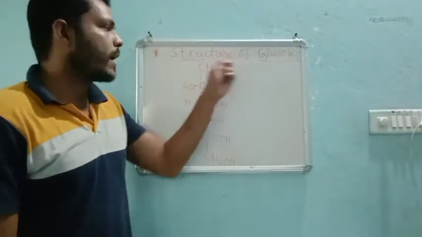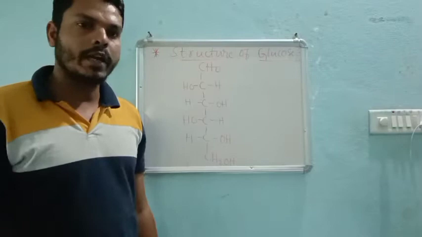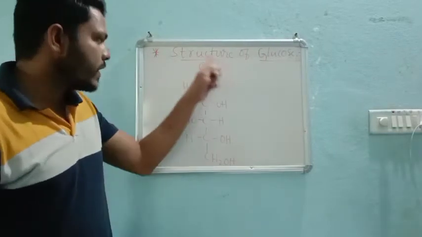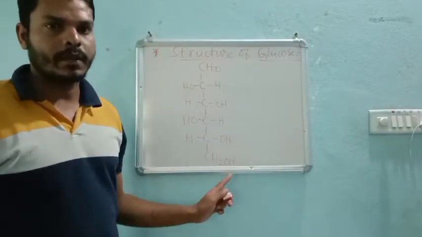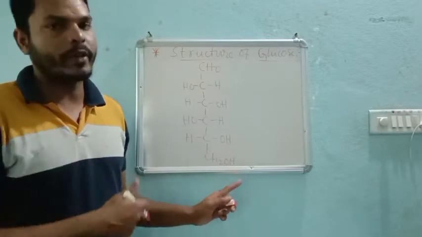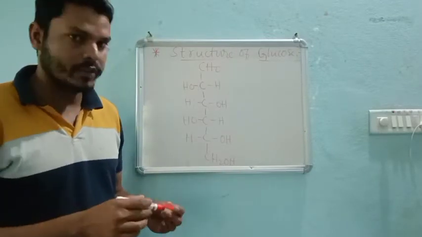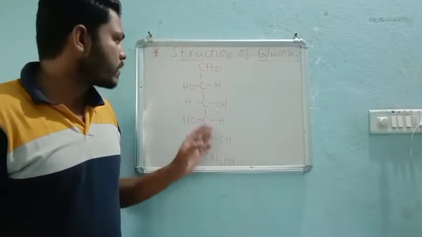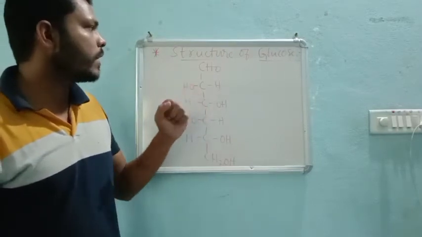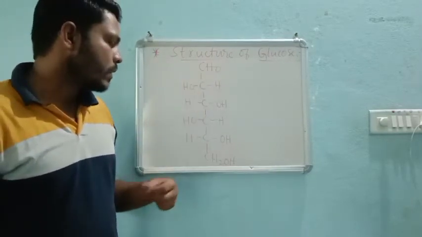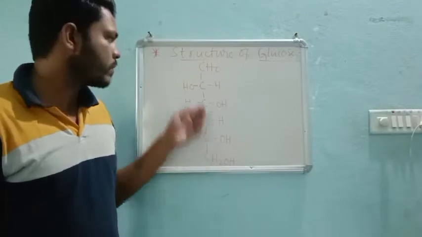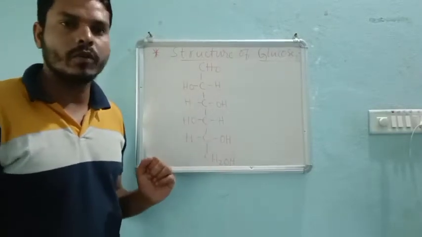So in this part, what we are going to study is, if it is a structure, then what will be the confirmations? We want confirmatory tests, right? That means I am saying that there is an aldehydic group, there is a CH2OH group, and there are 6 carbons in glucose.